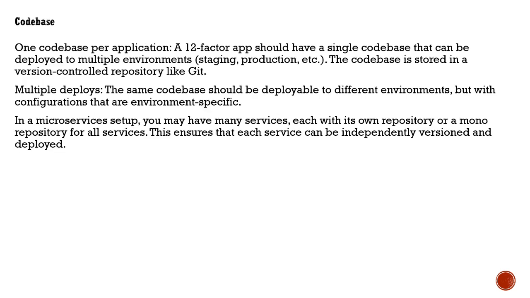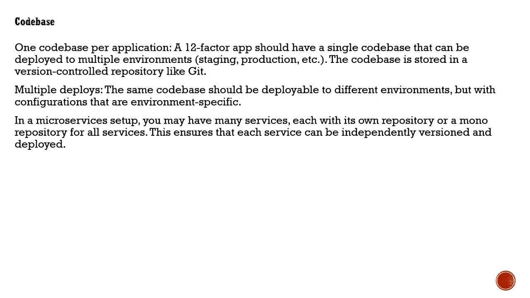Now you should have one code base per application. Why? Because your application should be accessed by multiple people, and it should be the same for multiple environments. So this single code base can be deployed to multiple environments, whether it is staging, production, or feature.